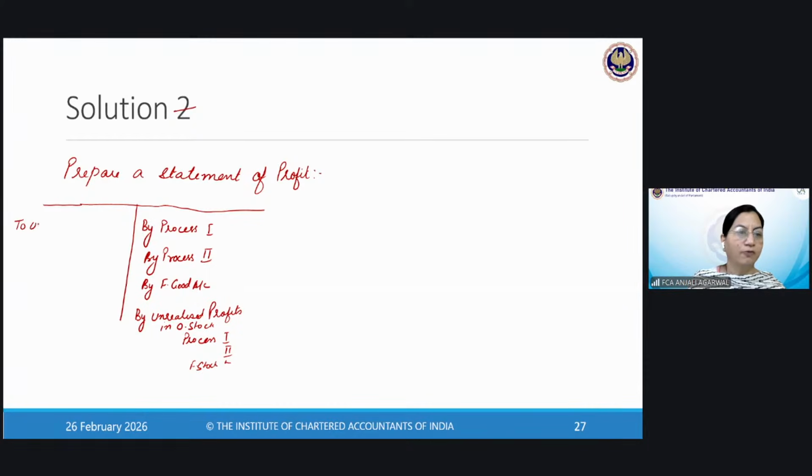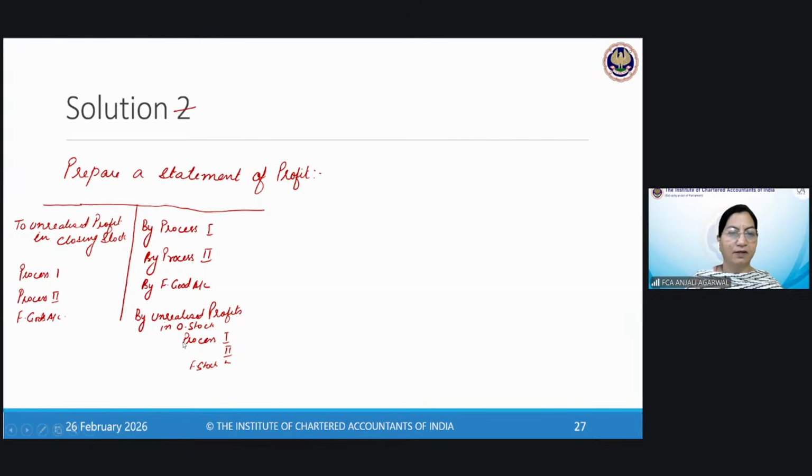Two, what profit is blocked? The profit in closing stocks: process one, process two, and finished goods account.